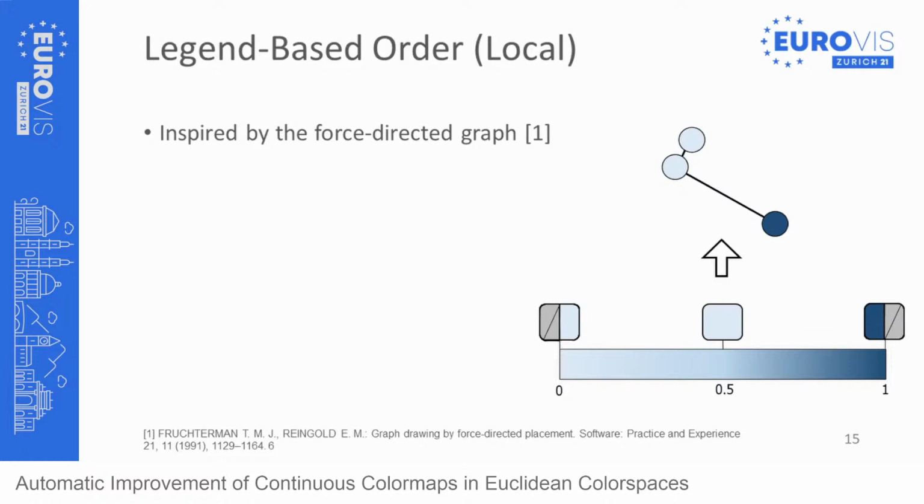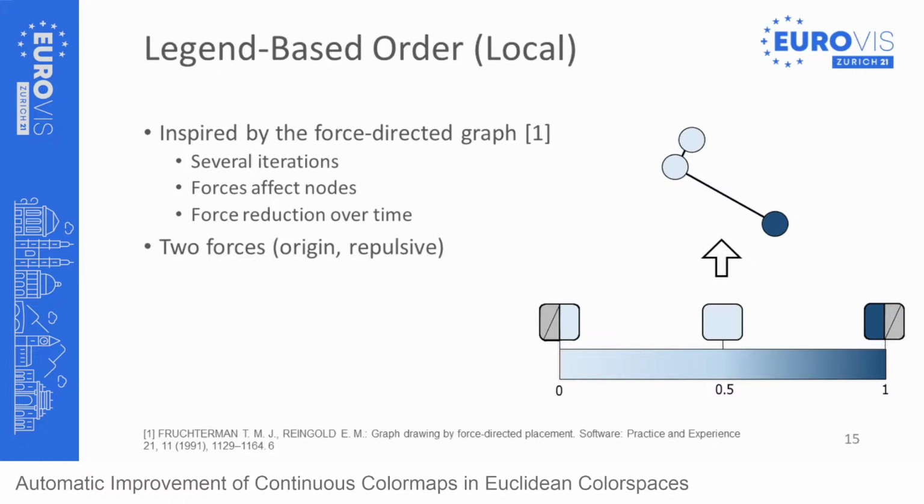This algorithm has several iterations, and at each iteration, forces are applied to the graph nodes. Over the time of the iterations, the algorithm loses energy and the forces get weaker. For our variation of this algorithm, we use 2 forces. An origin force that wants to push the nodes back to their original position, and a repulsive force that pushes 2 nodes apart if they have a too small distance or speed to each other.